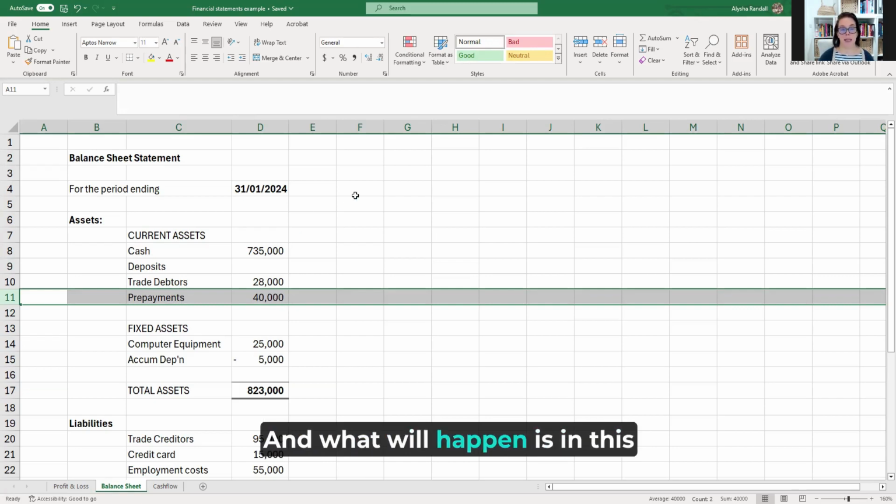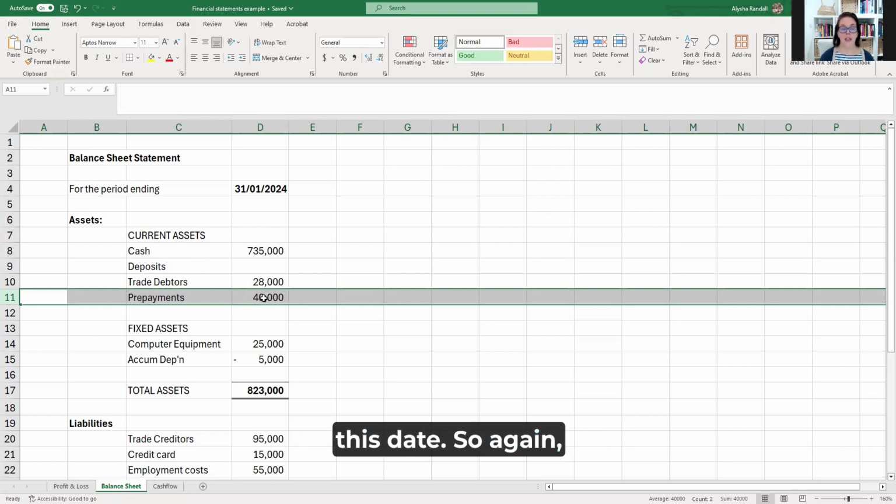In this example, this is at the end of January, so the January element would not be here because you've spent that. That'll be sitting in your profit and loss. But this amount here is things that you've paid for upfront, but you're not going to enjoy the goods or services of what you've paid for until after this date.